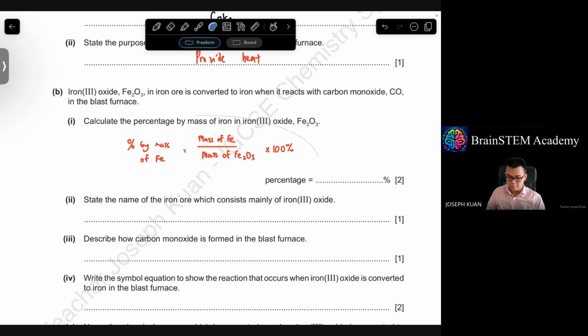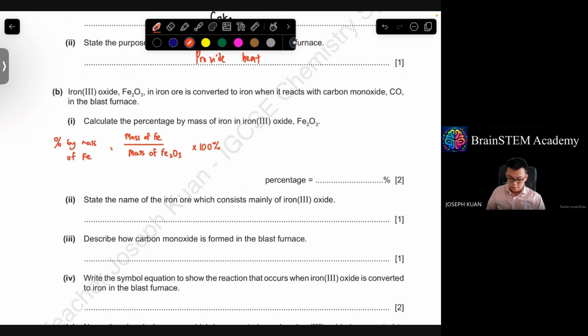So you have to use your periodic table. And there are 2 iron atoms here. So it means that it will be 2 times 56 out of 2 times 56 plus 3 times 16, multiplied by 100%.